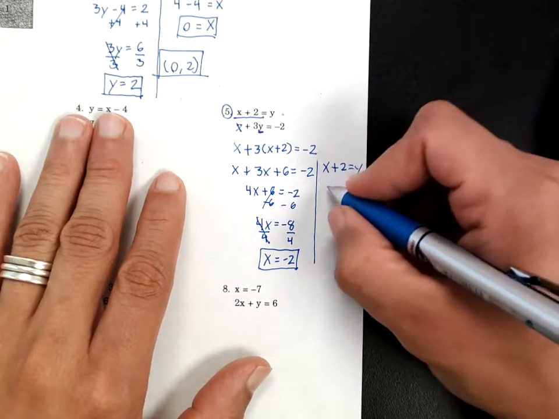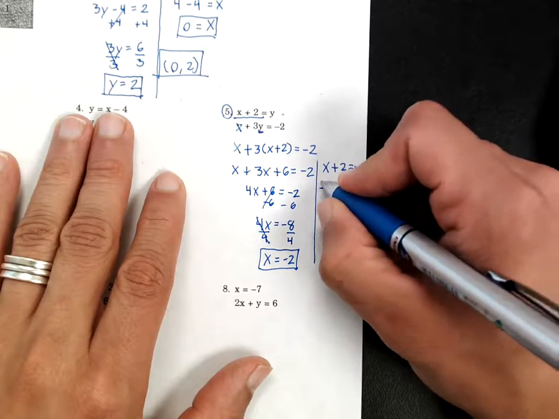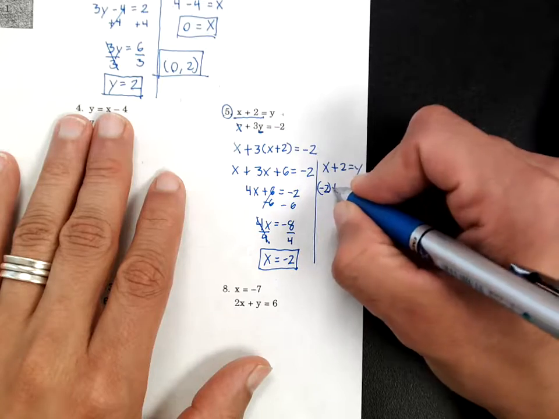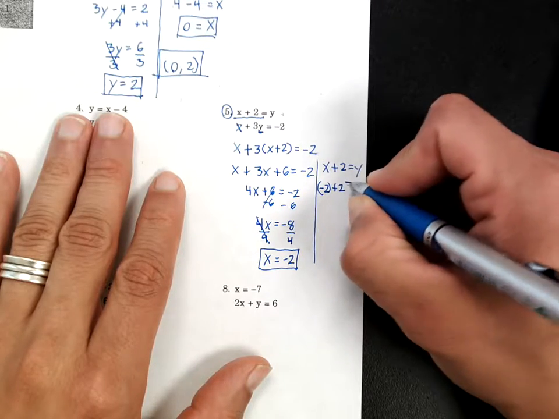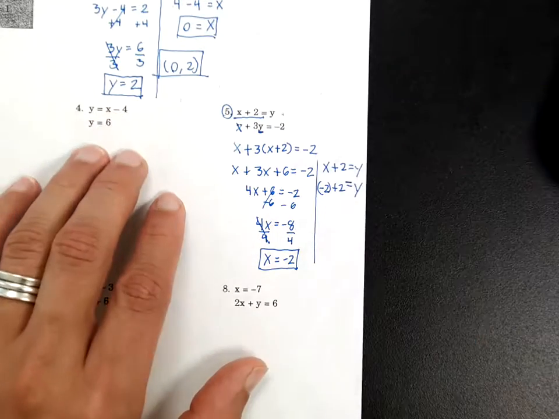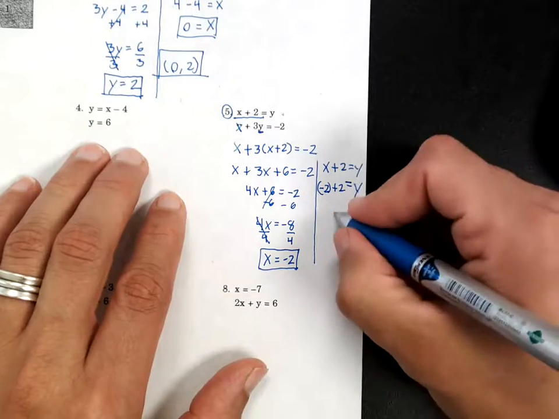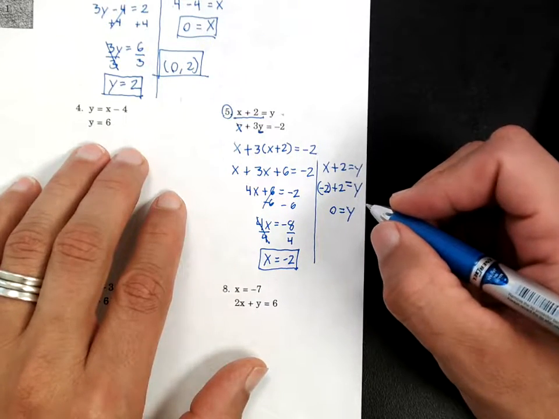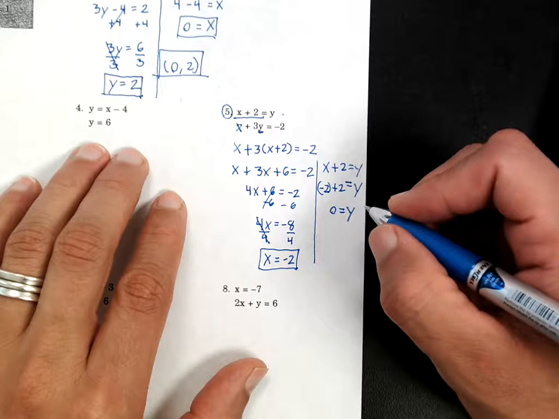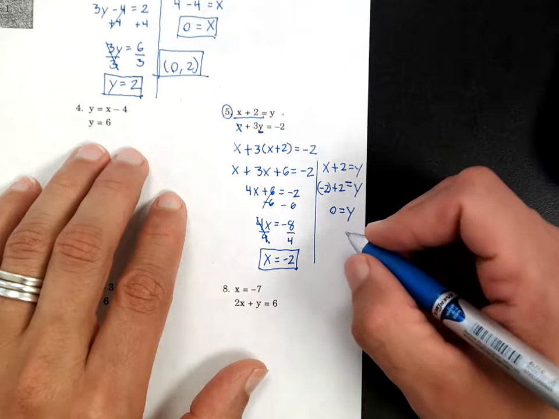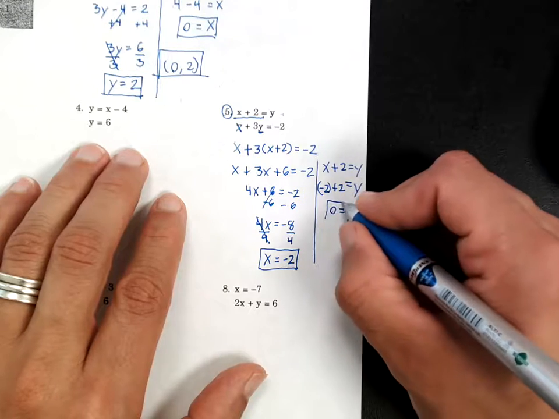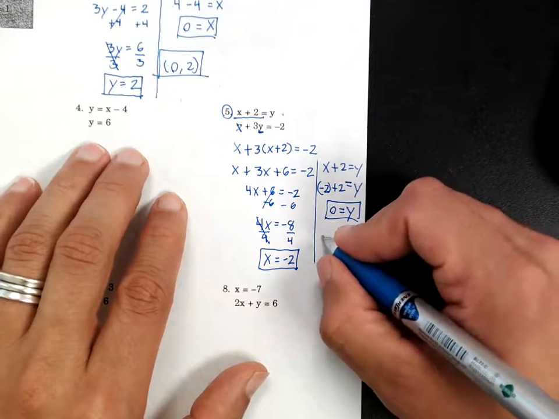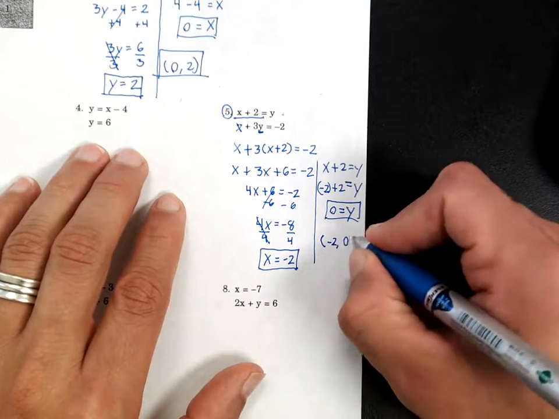I'm going to plug that into that original equation. So I have negative 2 plus 2 equal to y. Now, oddly enough, this also gives you a 0. So y is 0 on this one, which means your answer would be negative 2, 0.